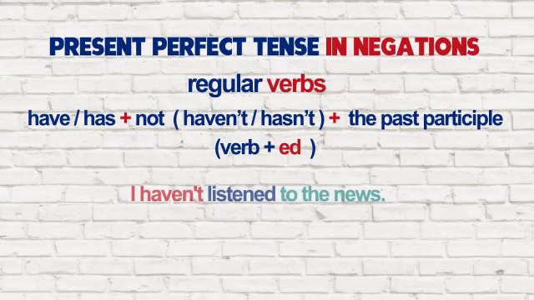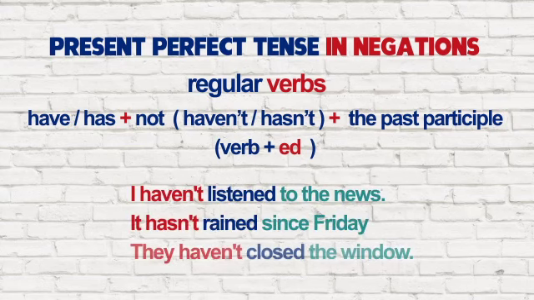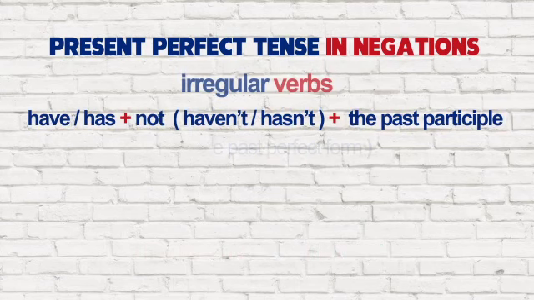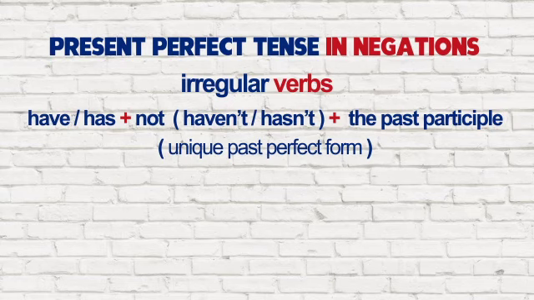I haven't listened to the news. It hasn't rained since Friday. They haven't closed the window. For the irregular verbs, we also use the verb to have and not, contracting it into haven't or hasn't, and the past participle.